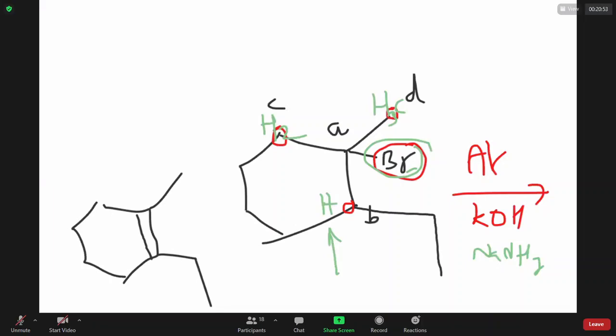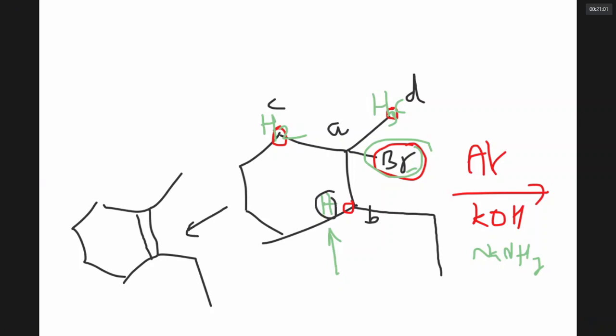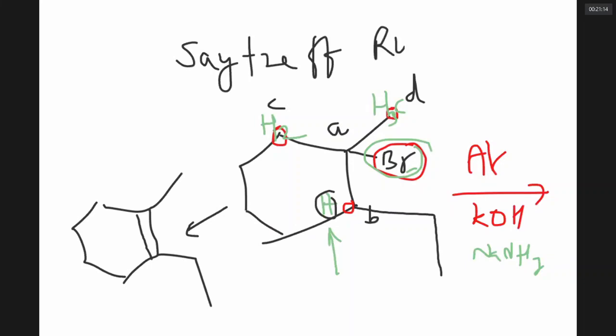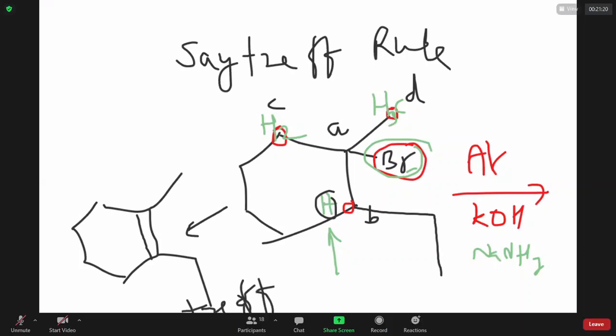Can you see it, sir? This product you get as the major product because of the elimination of this hydrogen. In the elimination reaction, the hydrogen is eliminated from that beta carbon which has the least number of hydrogens. It is called Saytzeff rule. And the product is called Saytzeff product. This is the major product.